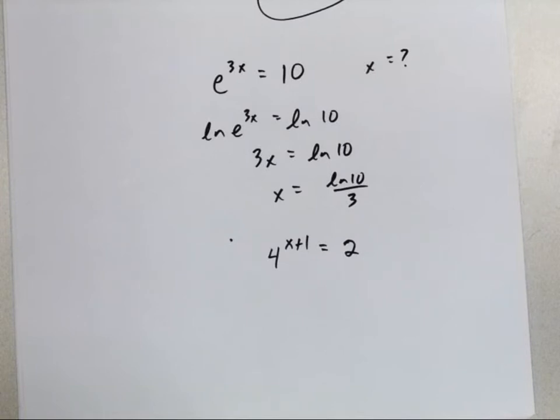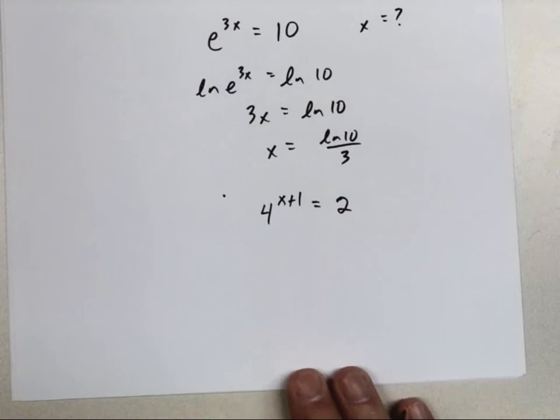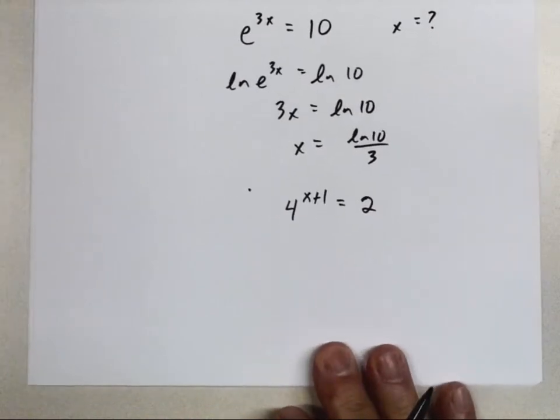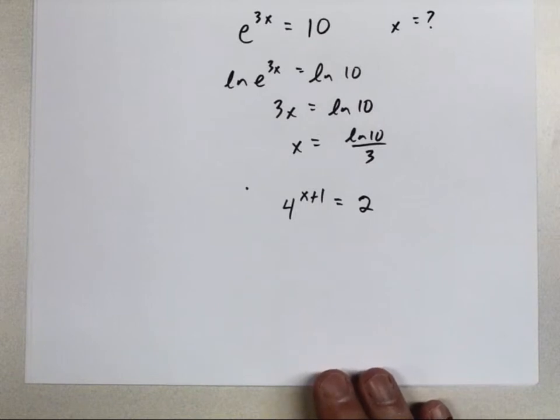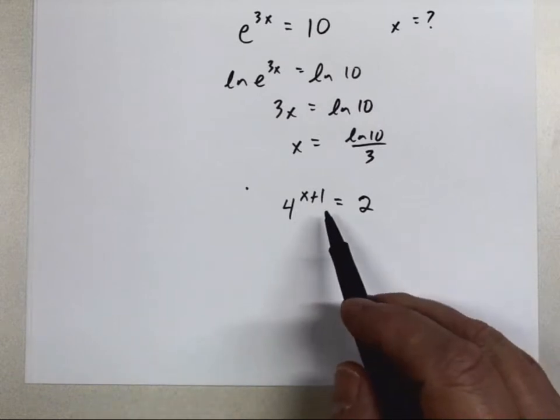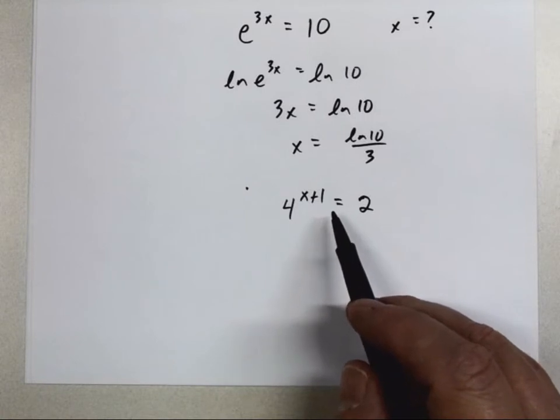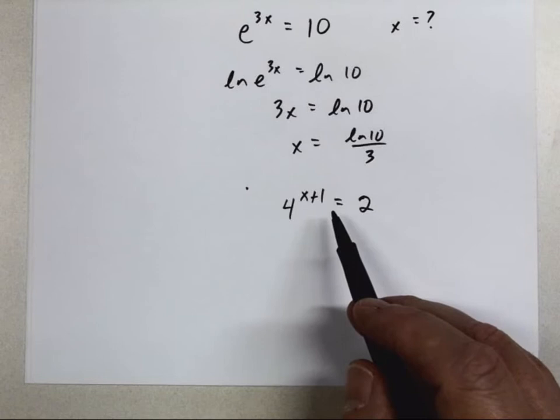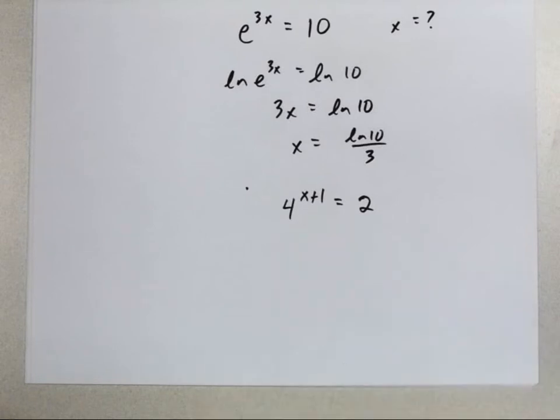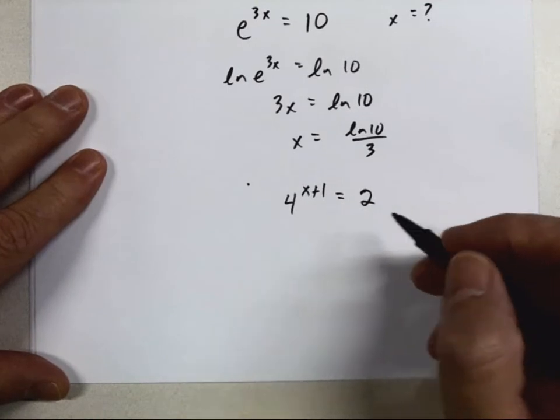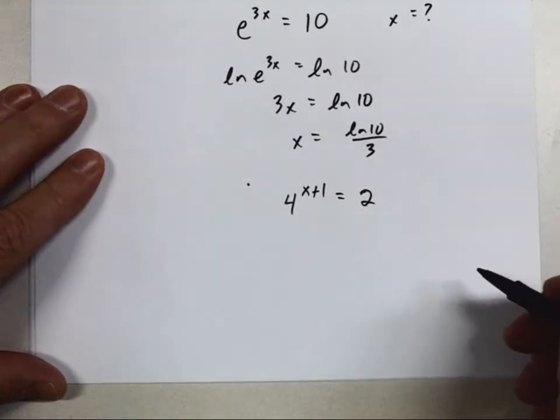Now here's where it gets sort of tricky, because I want to convert this into a log equation in order to solve it. Now there's really two ways I can go about doing this.